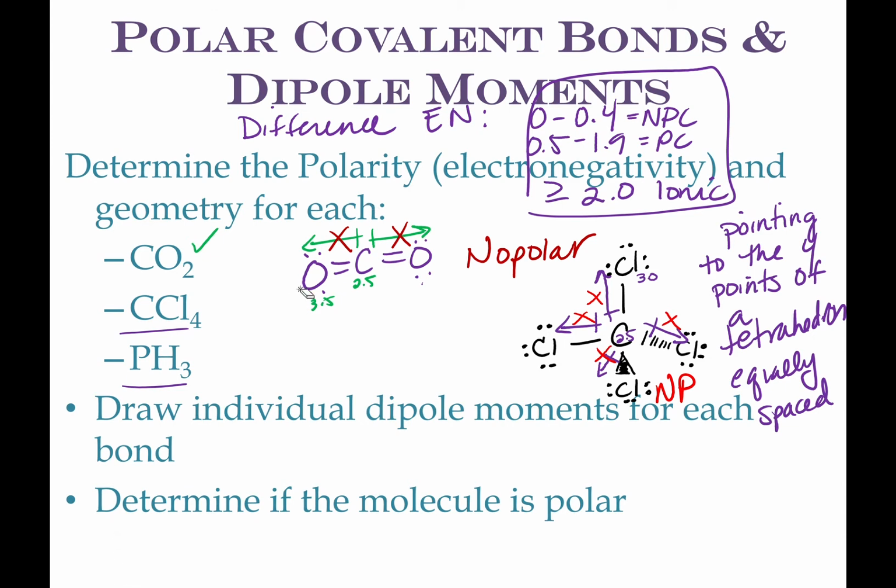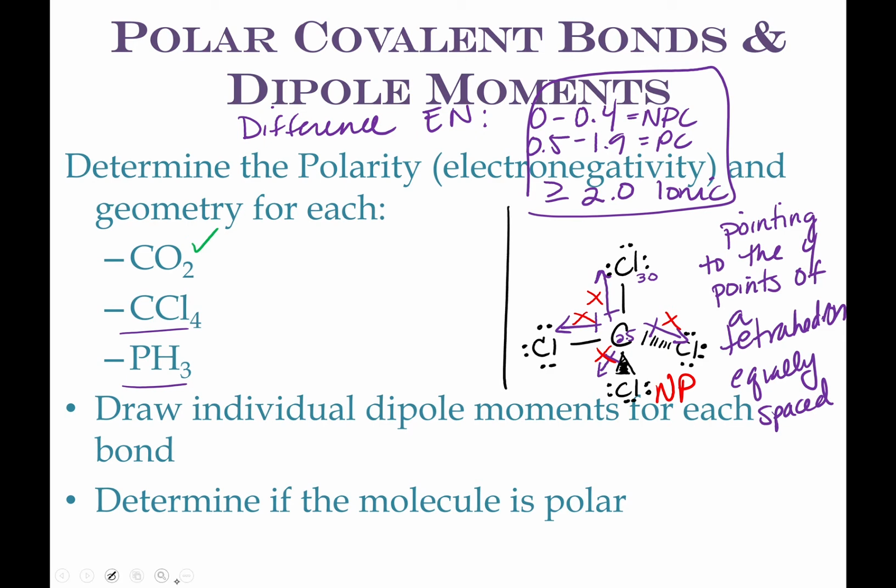Now, erase this one and do PH3. So hopefully you've given this a try, at least. So P has a lone pair of electrons up here, taking up a lot of space.